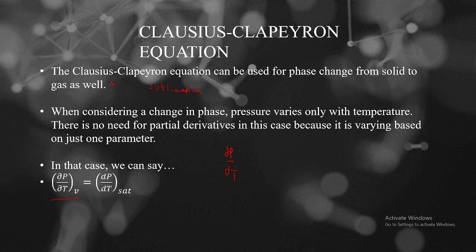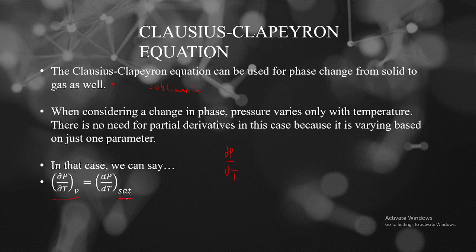But in another case, pressure was also changing with respect to another variable. That's why we are working with the partial derivative. So this is how pressure is changing partially with temperature. But now we are seeing here that when we are dealing with a phase change, it's just going to vary with temperature. So if I should change the temperature of the system, right, I will change the pressure of the system. And it wouldn't depend on anything else. So because it's not going to depend on anything else for a phase change, I can just use the dP/dT.